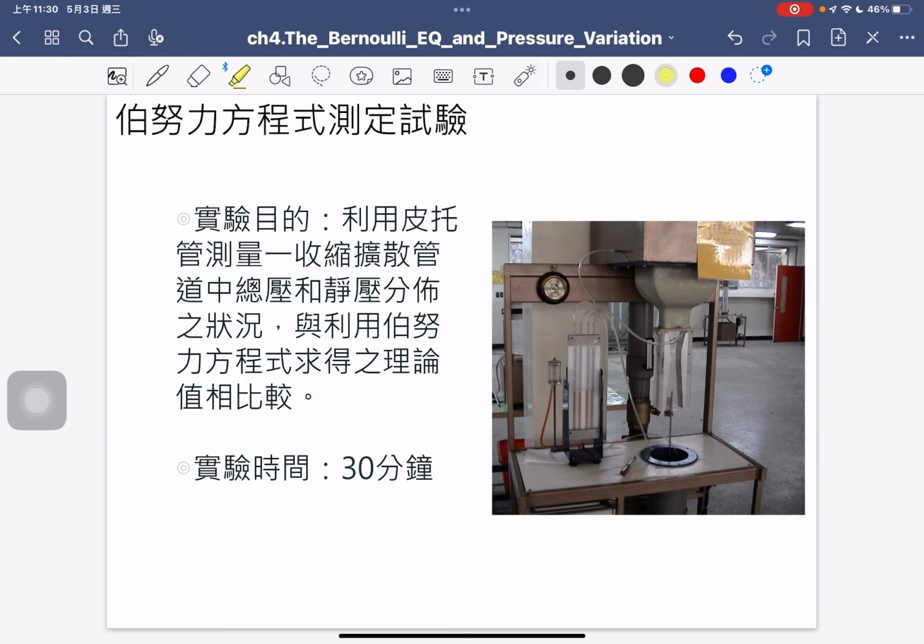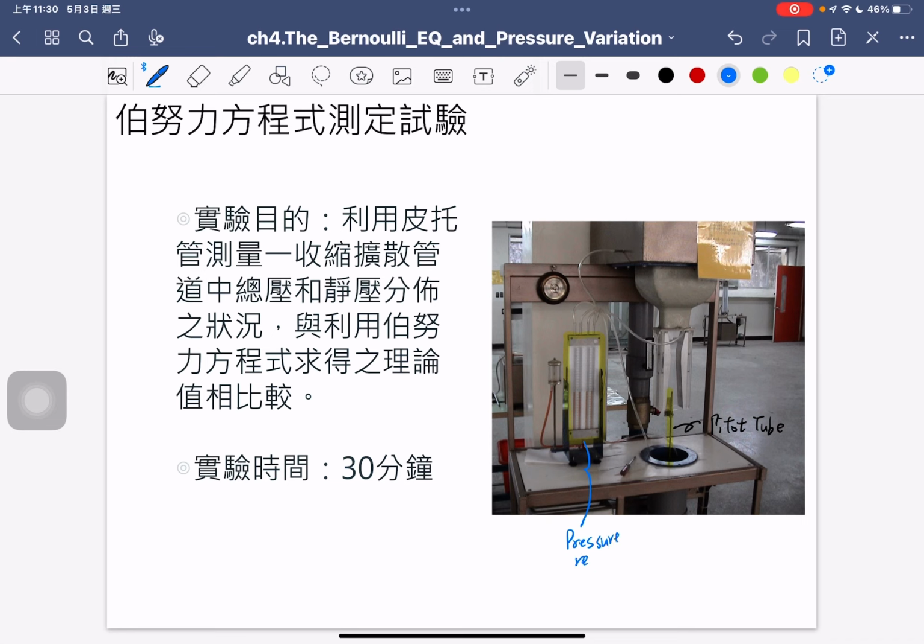But the idea is the same. We have the pipe here, and this is a pitot tube. You can see the pitot tube here, and there is the pressure recorder.